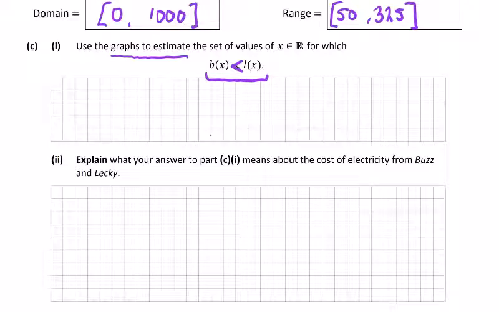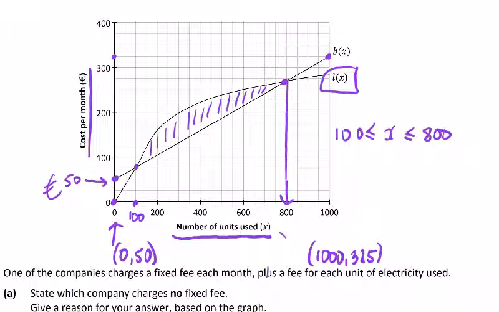Then you're asked to explain what your answer to C part 1, so this one here, means about the cost of electricity. Let's have a look. So what can we say about the cost of electricity? We can say that between here and here, this one is cheaper, which is B of X. So you just write down here between these values, Buzz cheaper.